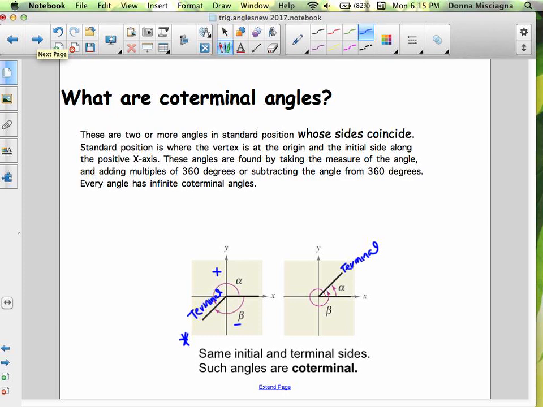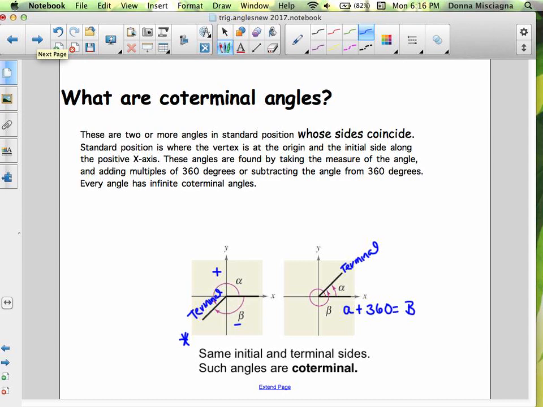So it's easy to figure out coterminal angles, right? Notice A and B: B here is 360 degrees more. If I were to take angle A and add 360 degrees, I'd have angle beta there. So notice they are 360 degrees apart.